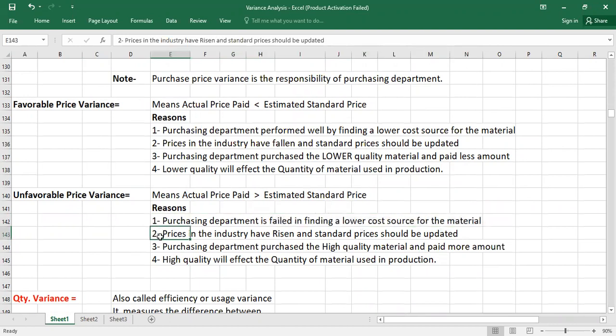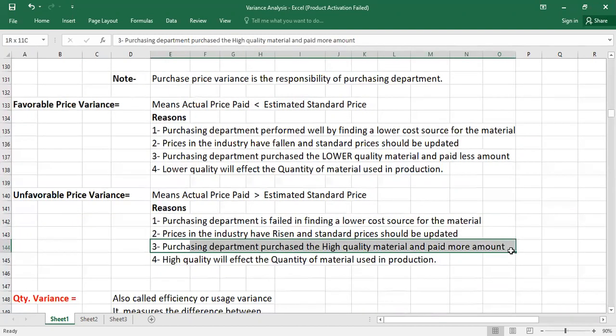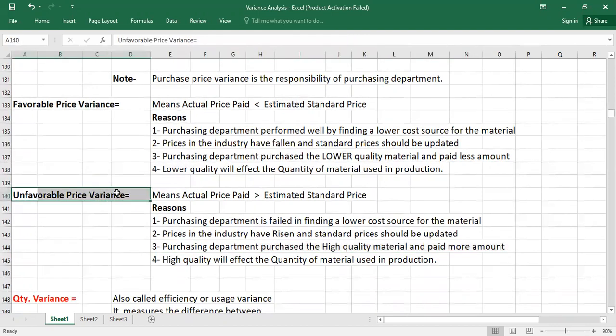Reason number two, maybe prices in the industry have risen and the standard price should be updated. Third reason, maybe your purchasing department purchased high quality material and paid more for that, because when we buy material with high quality, of course we may need to pay more for that. So this could be the reason for unfavorable price variance as well.